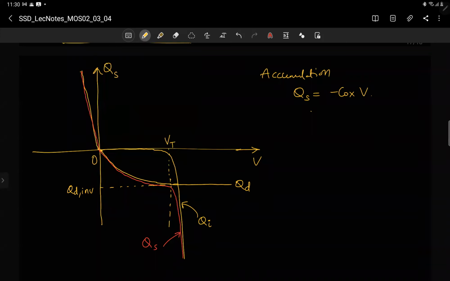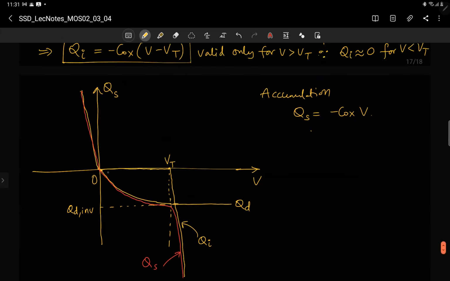Basically, both are overlapping. So here at least two things are there. Let me change it here, because you may get confused why this is varying like that. Qi is 0 until Vt, and then increases linearly like this. So this is Qi.